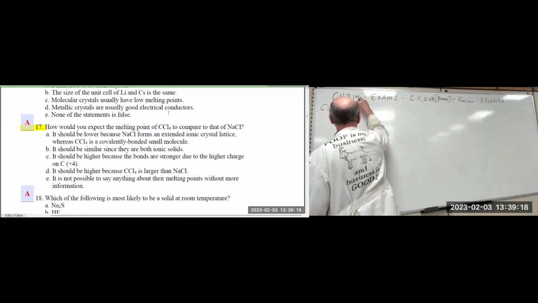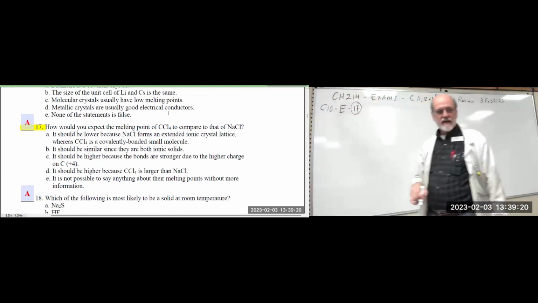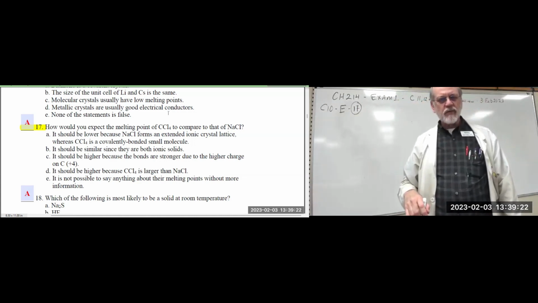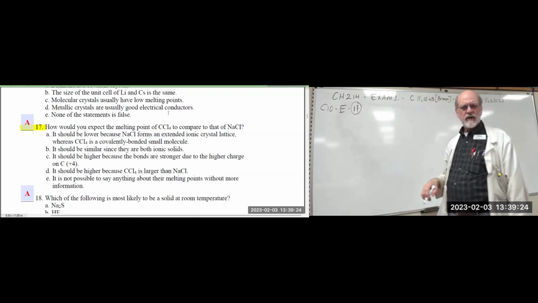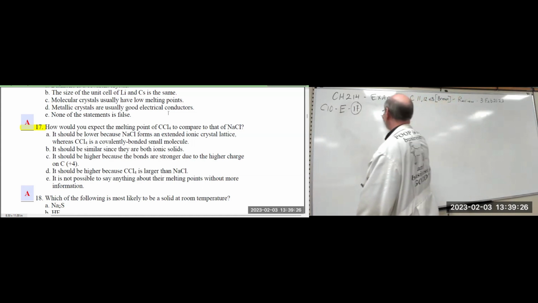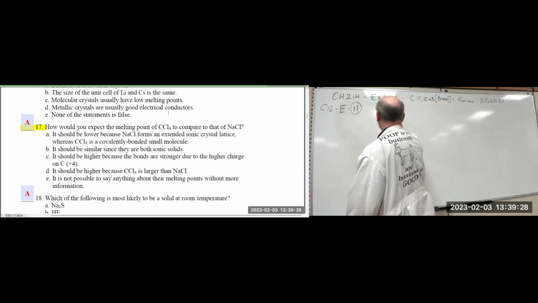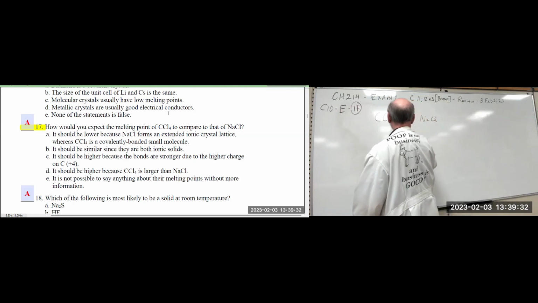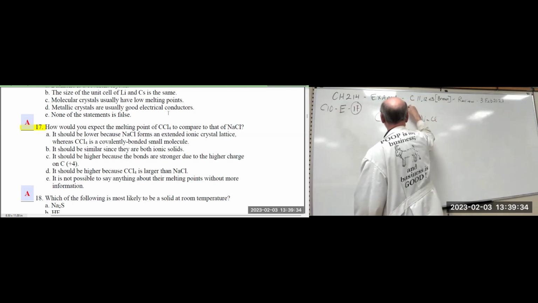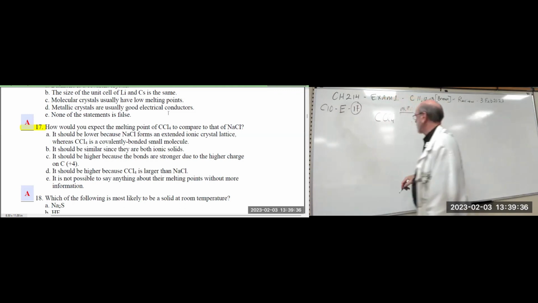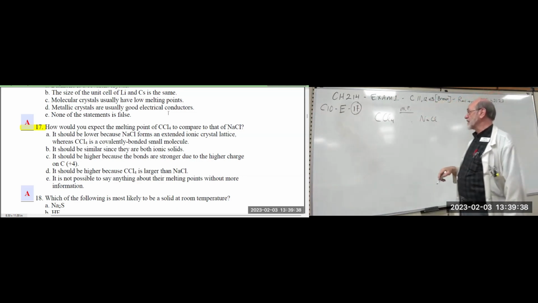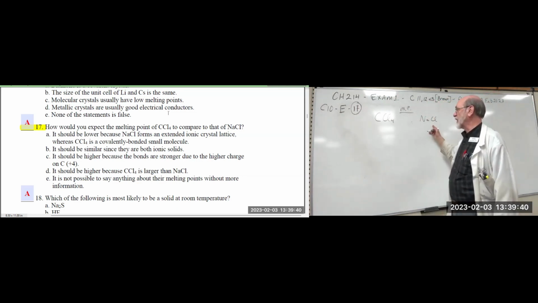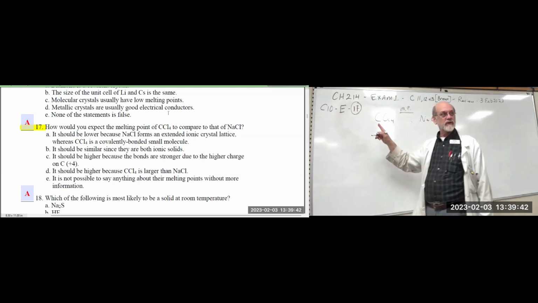17. How would you expect the melting point of carbon tetrachloride to compare with sodium chloride? Carbon tetrachloride, sodium chloride, melting point. How do they compare? Well, I would say that this would be a huge melting point and this would be a small melting point.